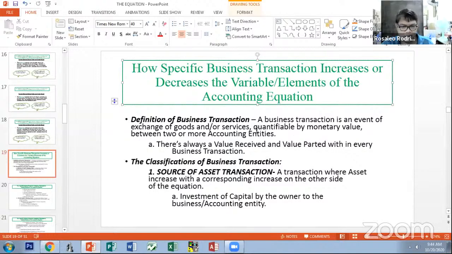Values can be determined. So again, a business transaction is an event of exchange of goods and services quantifiable by monetary value between two or more accounting entities. So it could be a transaction wherein a sale is not only by a seller to one buyer, but it could be by one seller to two or more buyers, or by one buyer from two or more sellers of goods or services.